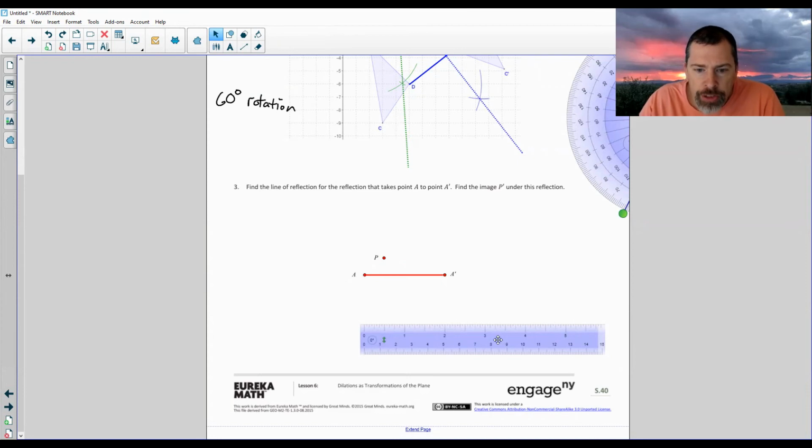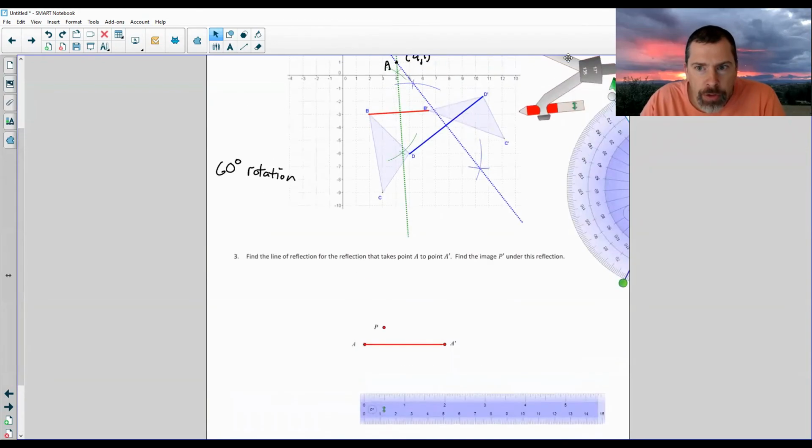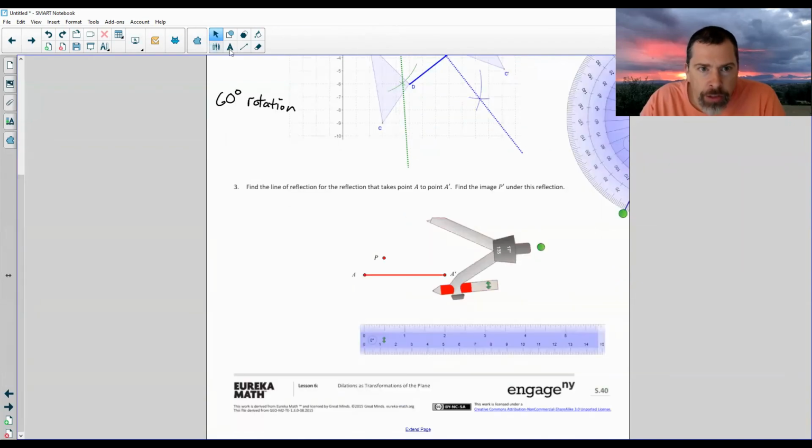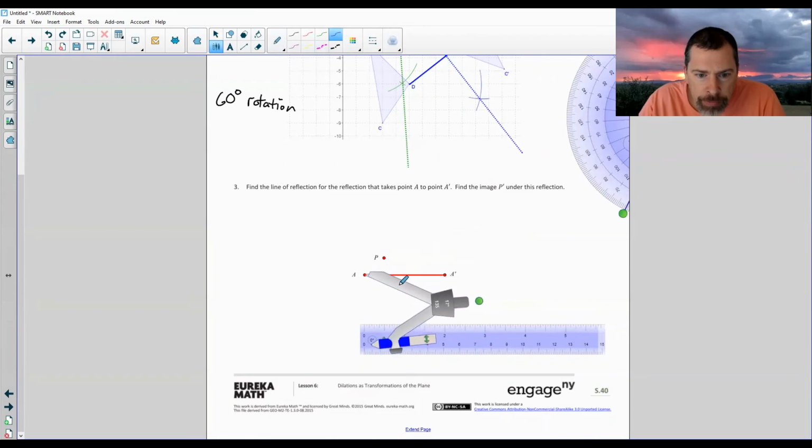A line of reflection is the perpendicular bisector between 2 points. So I get my compass. Bring that down, and let's change the color to blue. And I put my compass on A. Okay, this just gets very routine after a while. Am I open more than halfway but not all the way? Yes, that's fine.